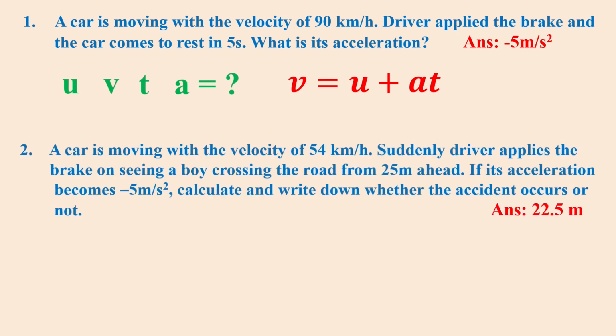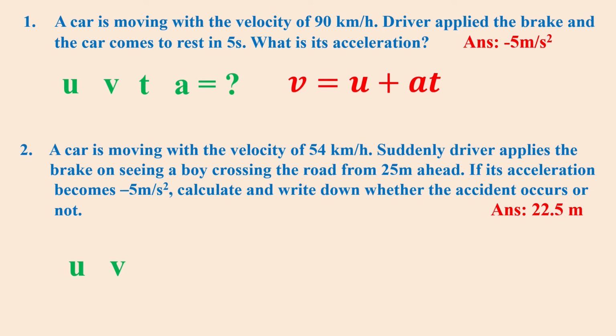The second one: a car is moving with the velocity of 54 km per hour. Initial velocity u is given. Suddenly the driver applies the brake on seeing a boy crossing the road. If the brake is applied, final velocity v is given, it is 0. And this distance is not the real distance.